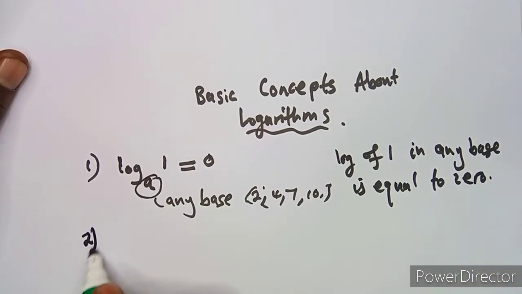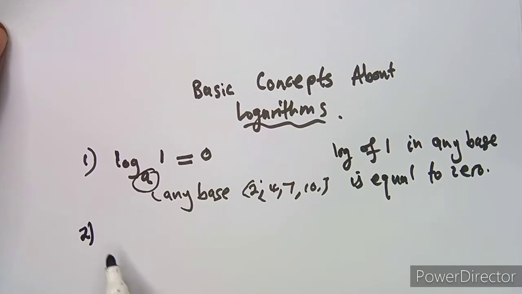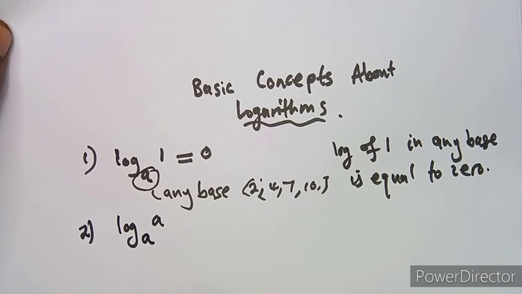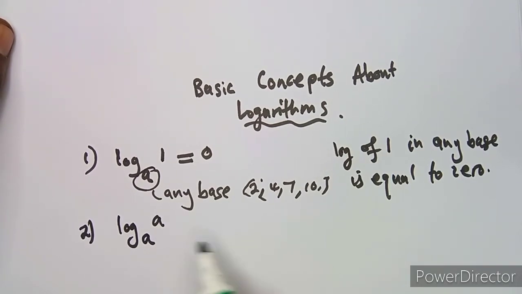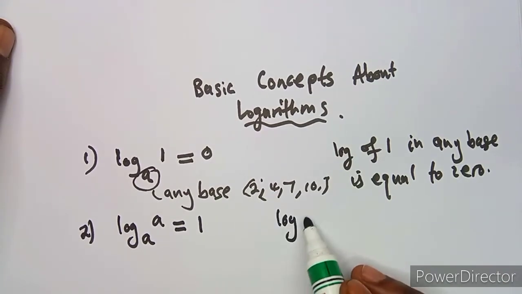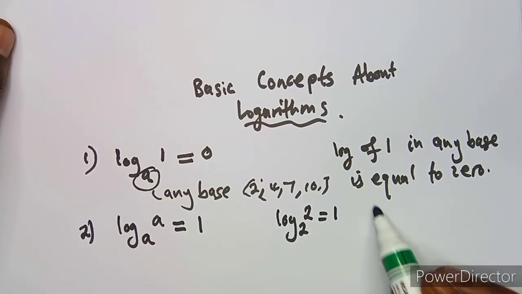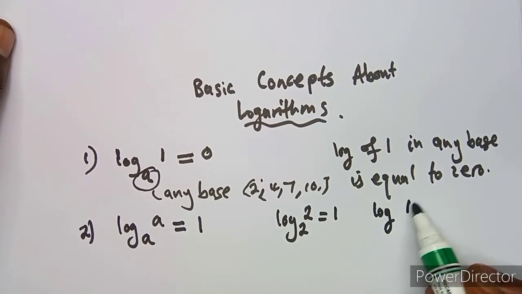All right, the other concept that you're supposed to know is that the logarithm of a number in the base of that same number is going to give us a 1. So what am I referring to? Maybe we are given log 2 base 2, it's going to give us a 1. Maybe you are given log 10 like this.